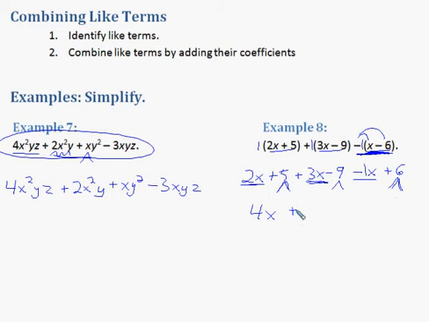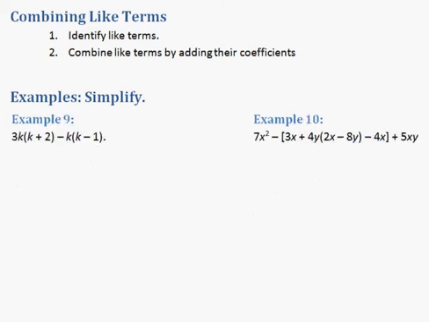So 4x plus 2 is the simplified form for example 8. So really important part of this is when you have a negative outside the parentheses, make sure you distribute it. And then the last two examples, we'll also take this into account somewhat with a negative there.